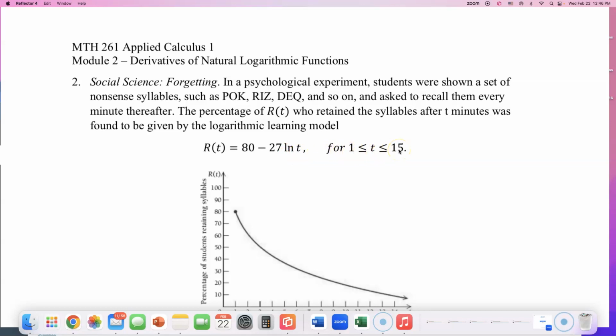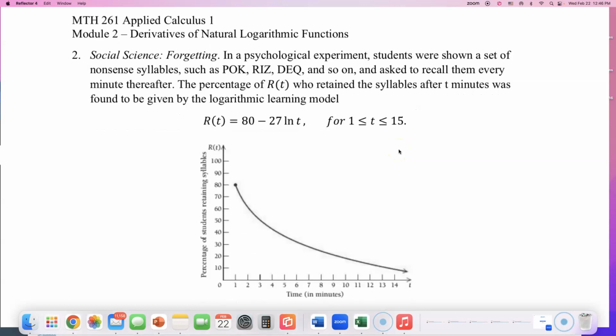for t in between 1 and 15 minutes. Okay, so I can see this graph is going down. When they first ask these students 1 minute after showing these random syllables, only 80% of them retained the syllables. Like the 20% already forgot it all.